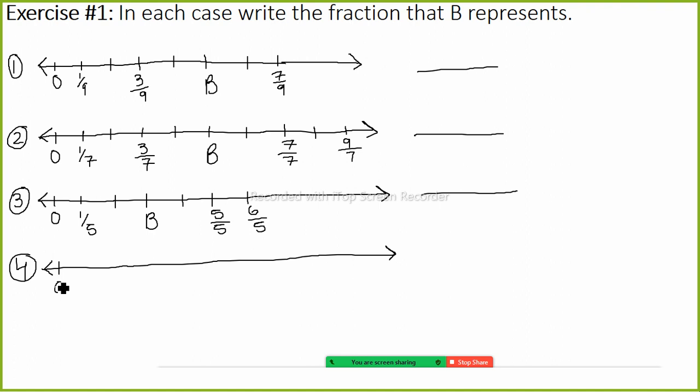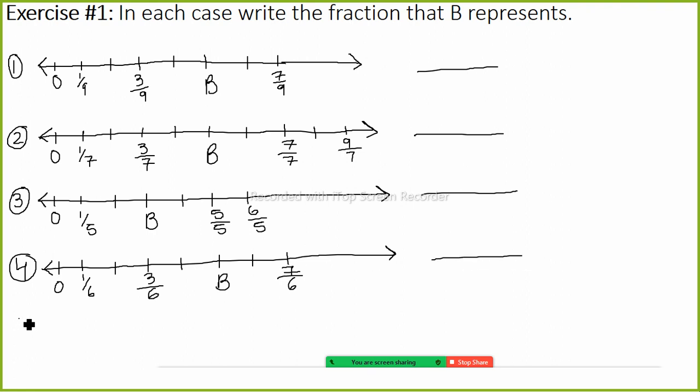If I have 0, 1 over 6, 3 over 6, B, 7 out of 6.